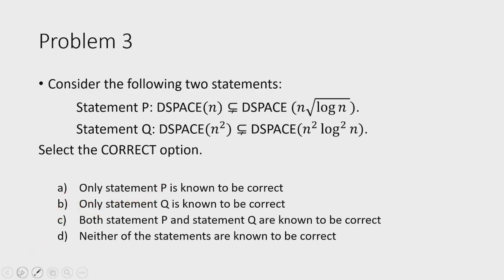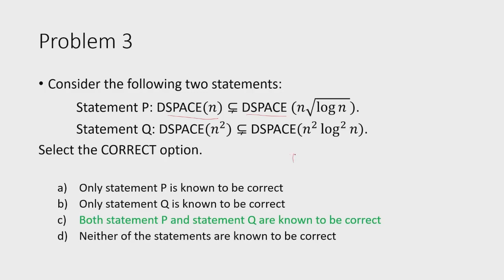Okay, so B is definitely correct. Both statements P and Q are correct, and the reason is the following. Over here we have DSPACE, right? Not DTIME. And what do we know about the space hierarchy theorem?